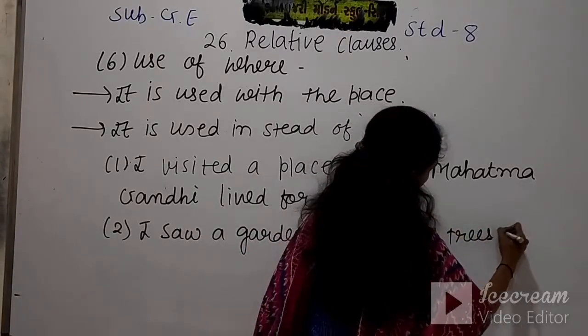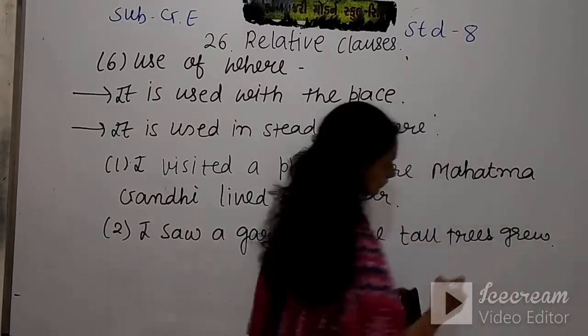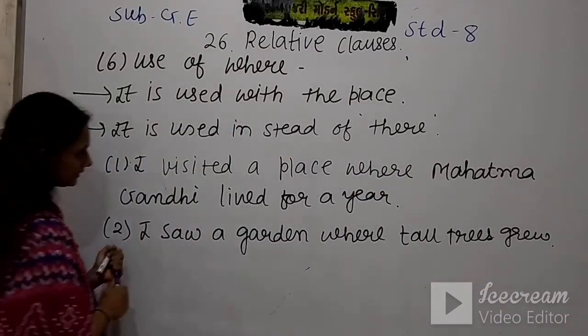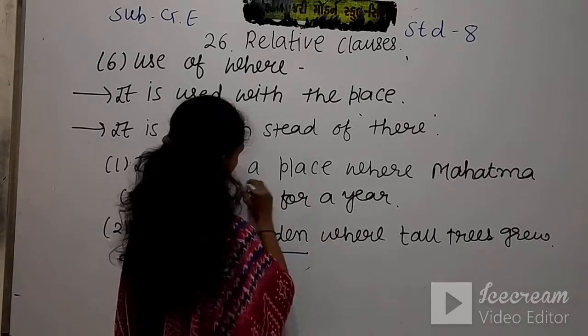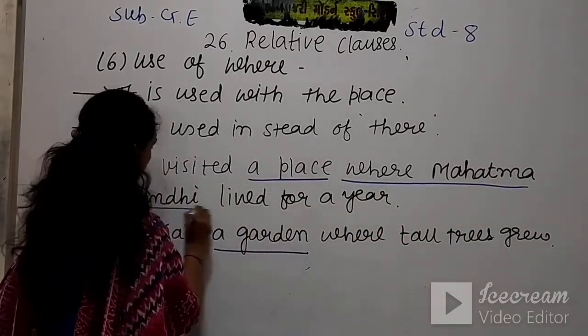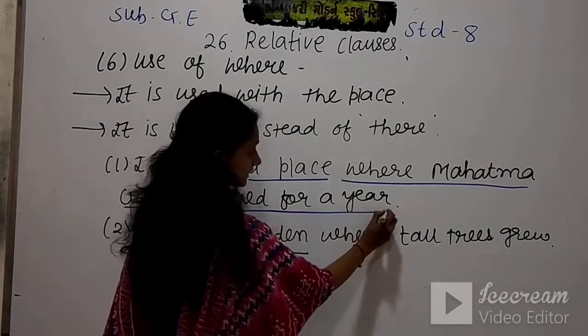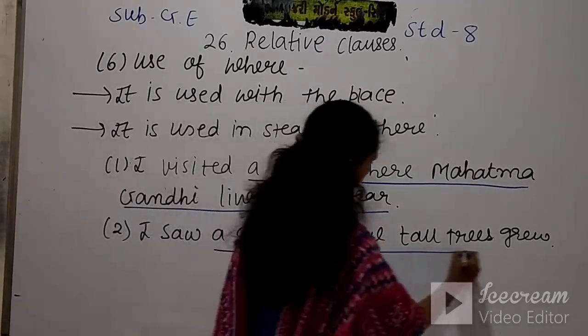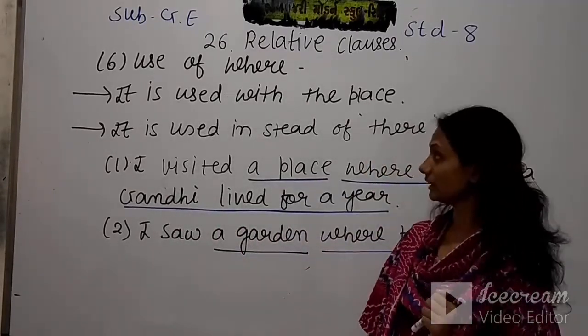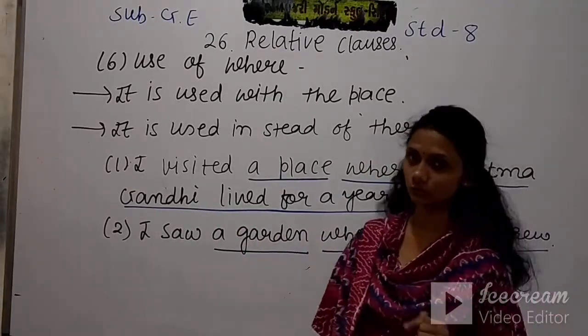So here you can see that garden is a place, and here also a place. Where Mahatma Gandhi lived for a year, that is our relative clause, and where tall trees grew, that is our relative clause. So this way we can use where in a relative clause too.